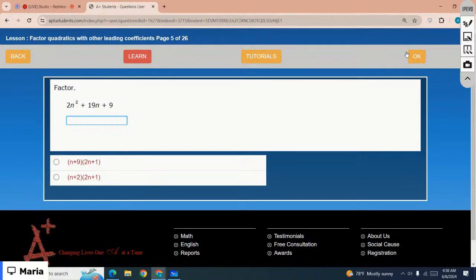2n square plus 19n plus 9. So which is the correct option? Option number 1 is the correct option: n plus 9 times 2n plus 1.